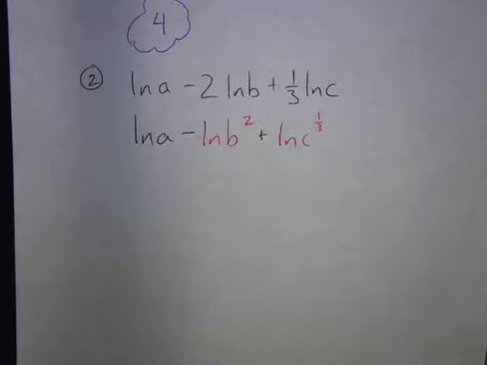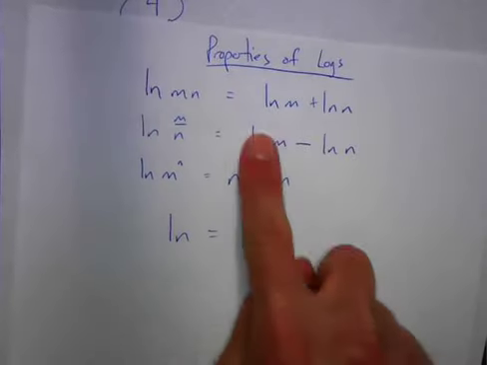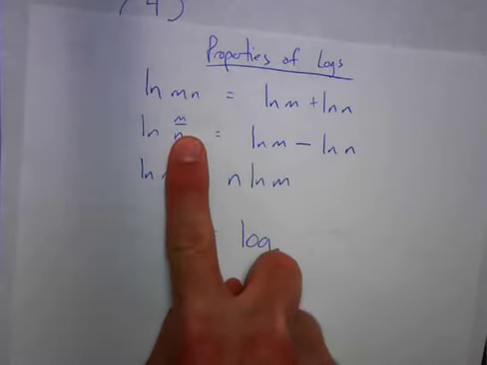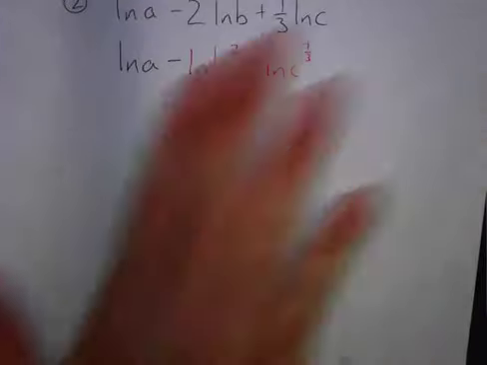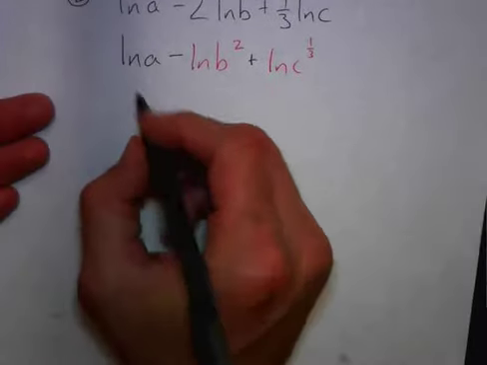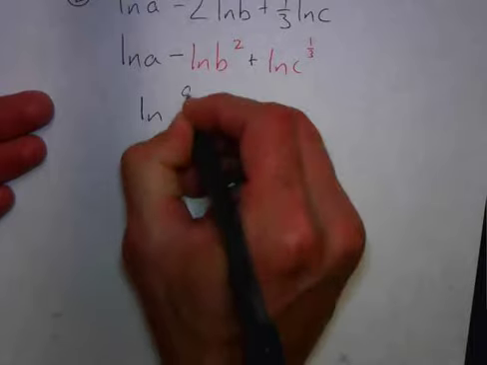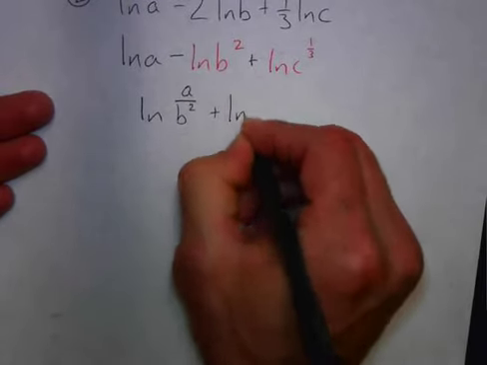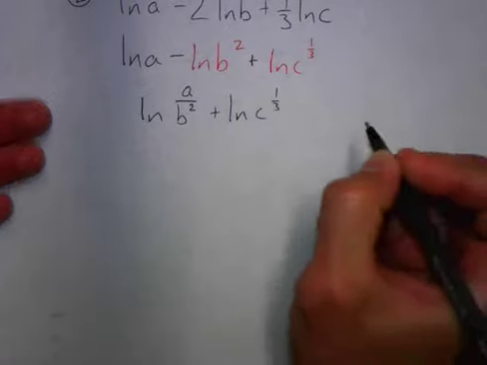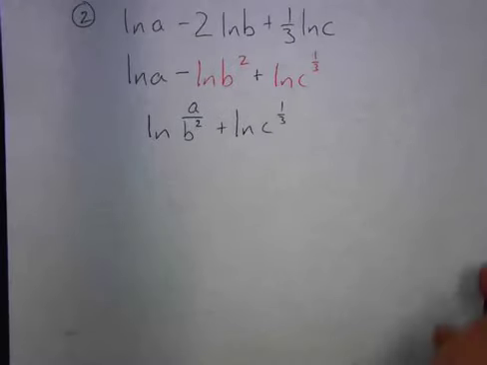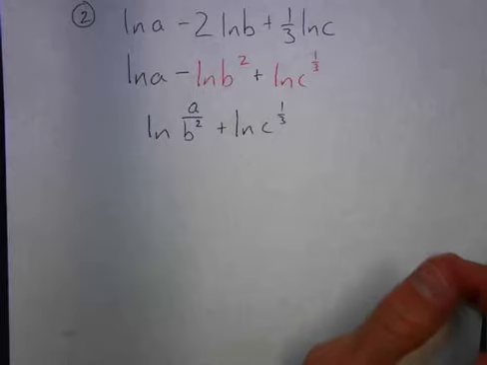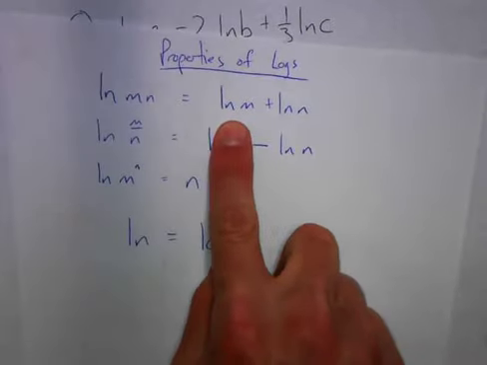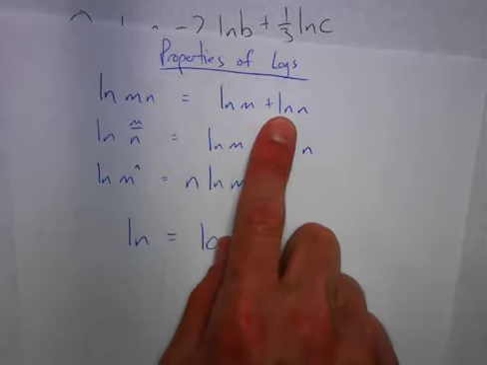We know that if we are subtracting two logarithms with the same base, we can write it as one log as a quotient. That's the quotient property. So I can do that here, and I'll take it nice and slow. So we have the ln of a over b squared, and then plus the ln of c to the 1/3 power. And then finally, our product property.